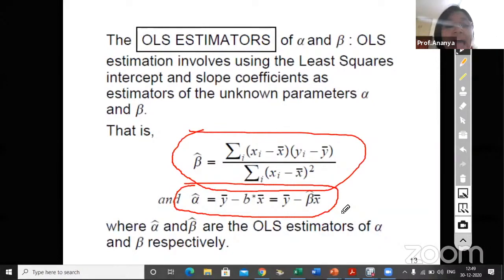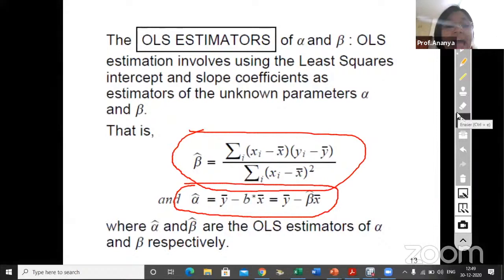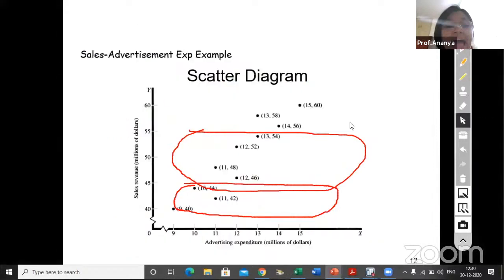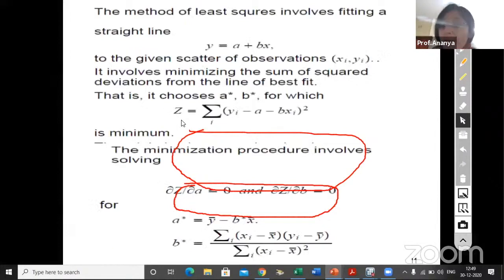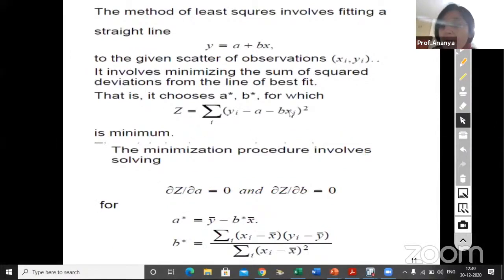What we've done so far is to see where these formulae are coming from. They're really coming from this particular exercise where you are minimizing the sum of deviations from a straight line, and choosing a line of best fit, which is to say you're choosing that intercept and that slope which minimizes the sum of square deviations of the actual observations from that line of best fit.